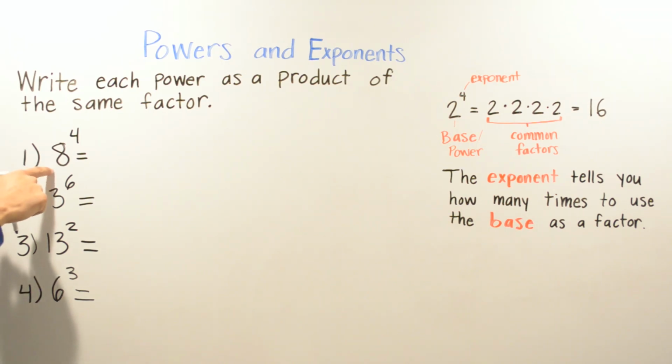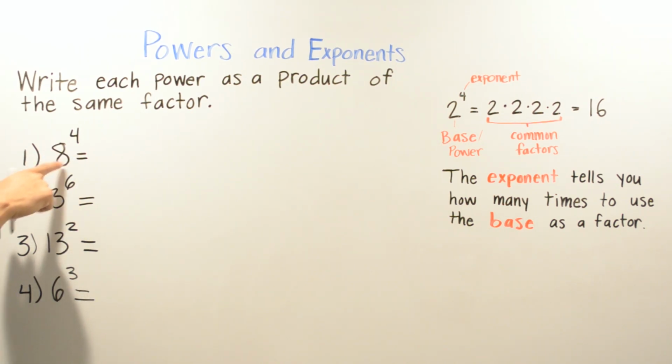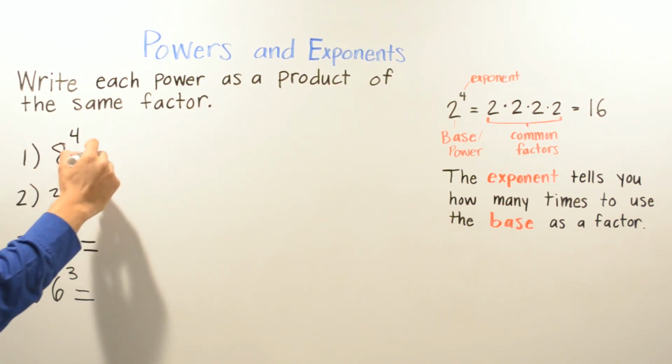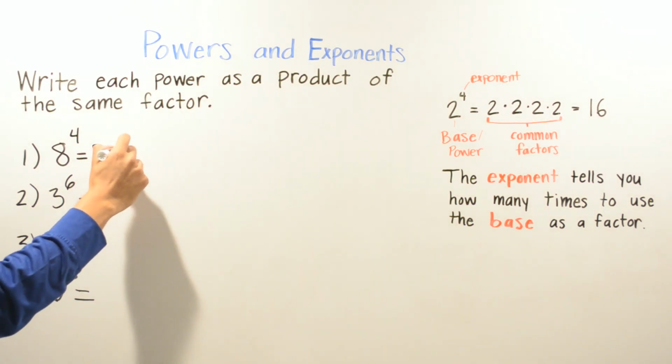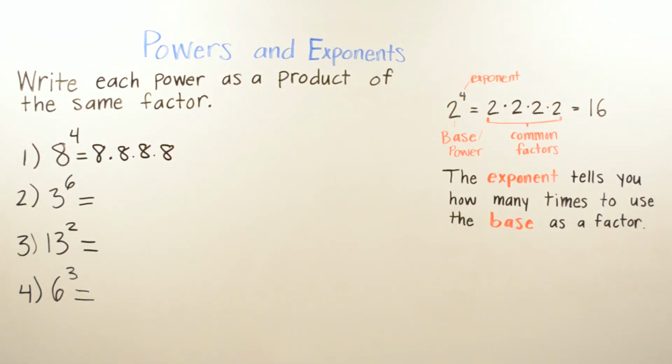Here we have 8, which is going to be your base, so that's the power, and we're going to write 8 4 times. So we're going to do 8 times 8 times 8 times 8. And we leave it like that. It's not asking us to evaluate or find the answer of it. It's just asking us to write it as the same factor.